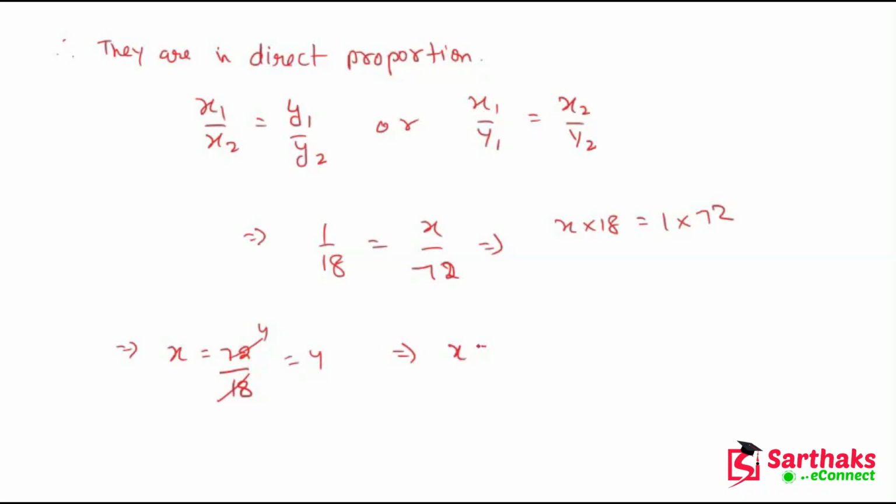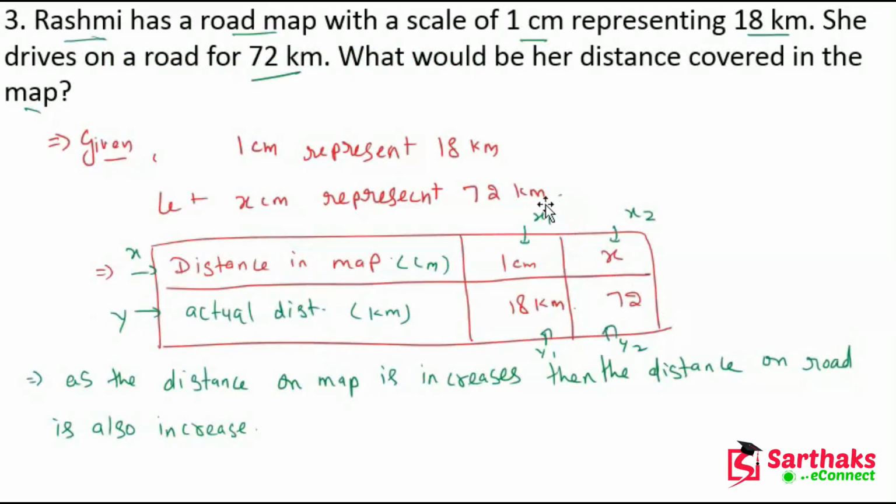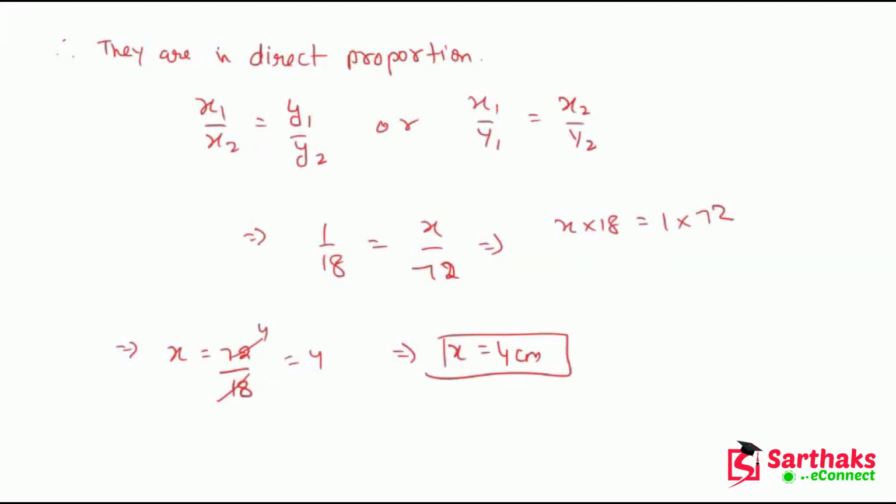So x is 4 centimeter. So we can say that Rashmi covered 4 centimeter on the map.